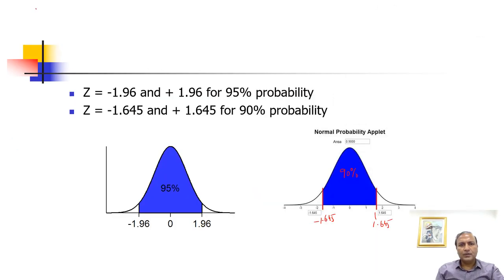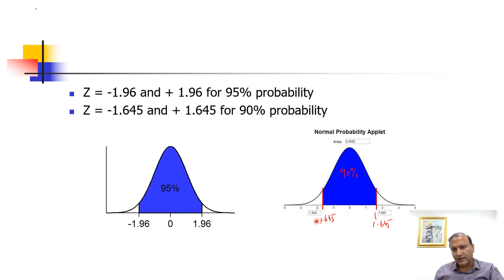So what did we learn from the previous example? That if the z value is minus 1.96 and plus 1.96 on the other side, then this blue area is 95%. Okay, this is always the case. If the z value is minus 1.96 and this value is plus 1.96, you will always get 95%.